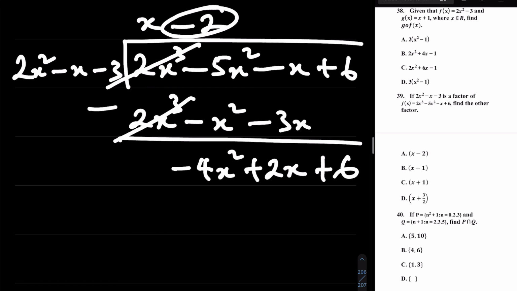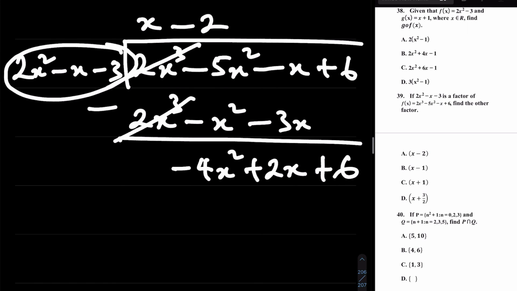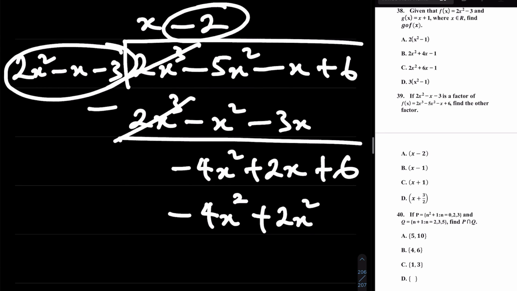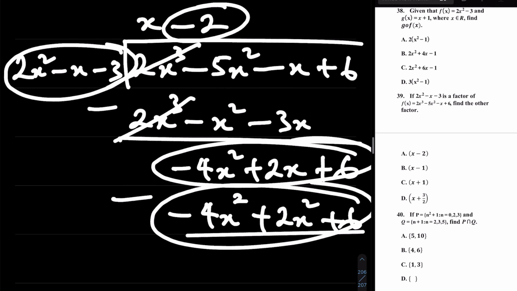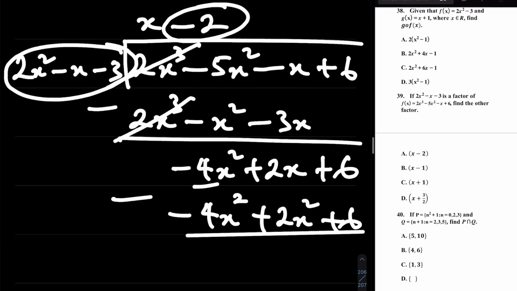So now I'm going to multiply the whole of this by minus 2, and that means minus 4x squared plus 2x squared plus 6. And now if I subtract, I can see that the whole of this is the same as the whole of this. So subtraction will just give me 0.